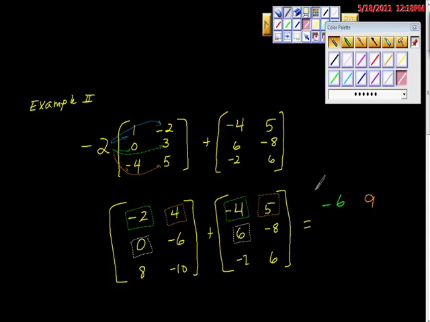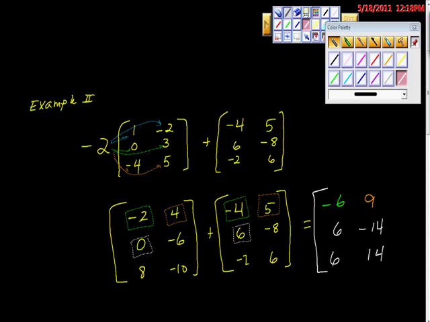And 0 plus 6 is 6. I do the same thing here. Negative 6 plus negative 8 is negative 14. Negative 14. 8 plus negative 2 is 6, isn't it? And 8 plus 6 is 14.